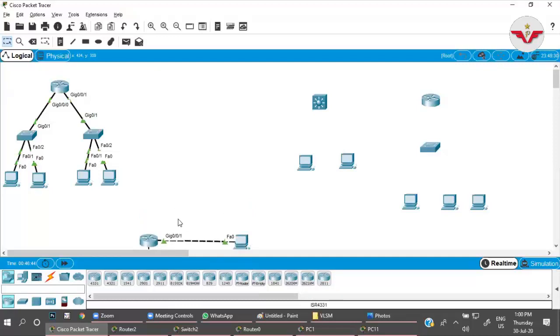Give me 1 second. Krishna, how would you know that this is a layer 3 switch? Is there anything that we can see and know that this is a layer 3 switch, apart from those switches?